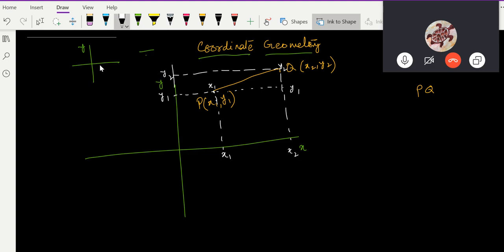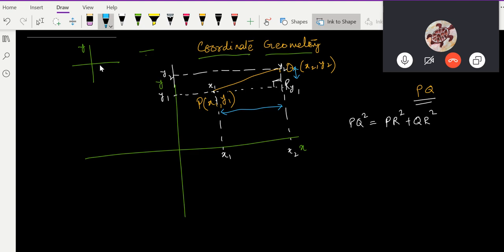Now if I have to find the distance PQ, I can clearly see that I have a right angle triangle here, and I can write that PQ square is equal to, let's say I name this point R, PR square plus QR square, right? This is my PR and this is my QR.